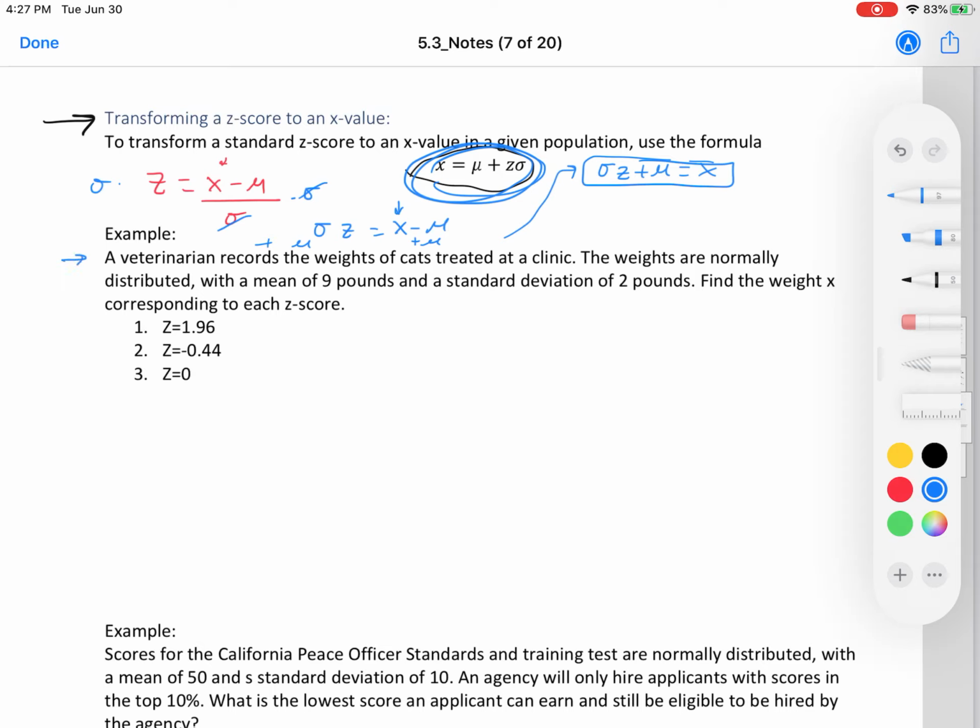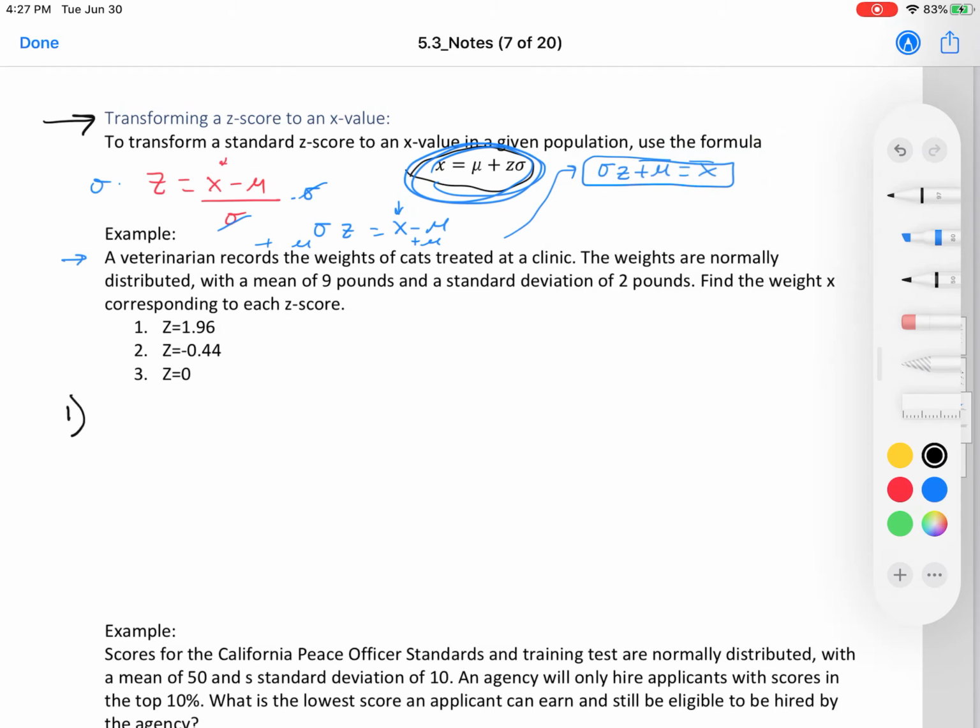Let's do an example. A veterinarian records the weights of cats treated at a clinic. The weights are normally distributed with a mean of 9 pounds and a standard deviation of 2 pounds. Find the weight x corresponding to each z-score.